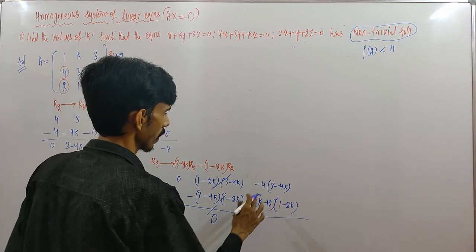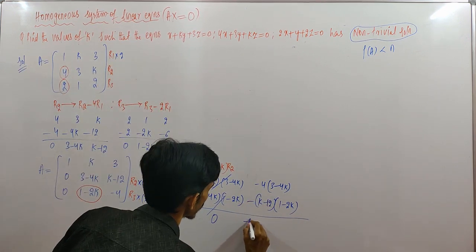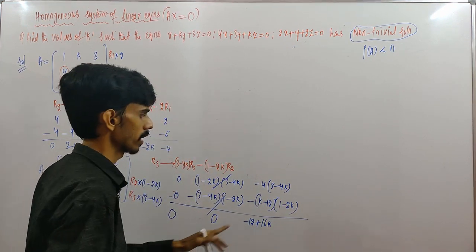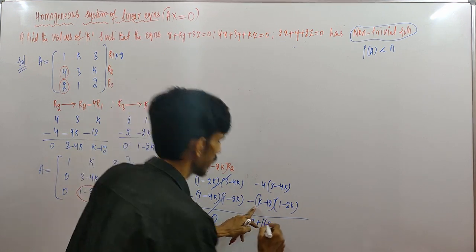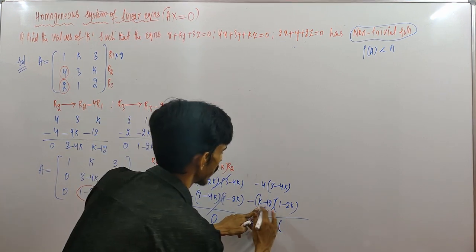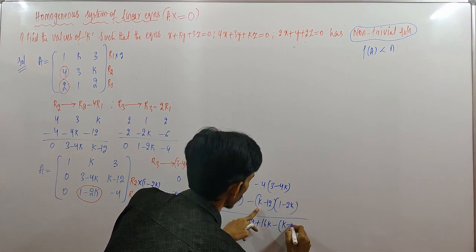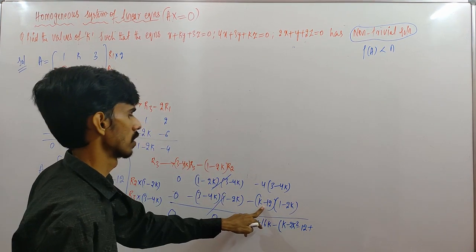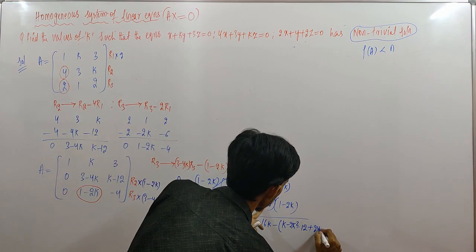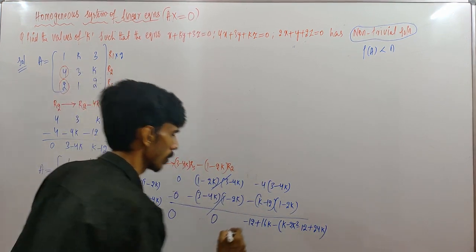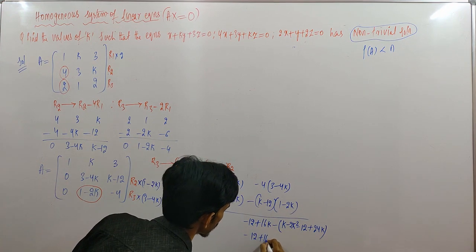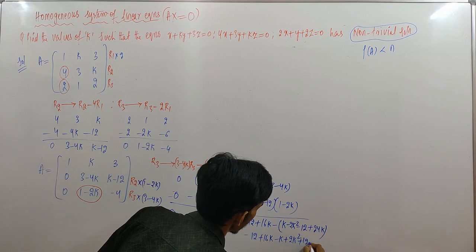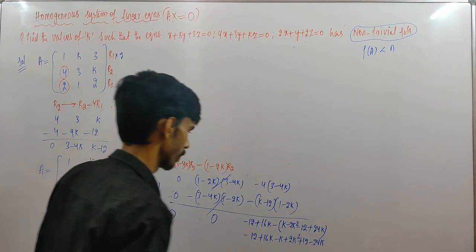Now multiply here: 4 into 3 is minus 12 plus 4 4s are 16k. Then minus, multiply k into 1, we have k, 2k square, minus 12 plus 24k. Now this becomes minus 12 plus 16k minus k plus 2k square plus 12 minus 24k.